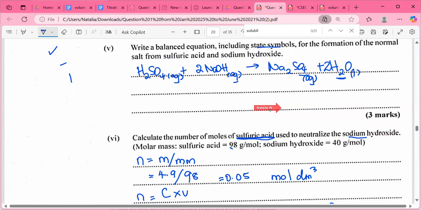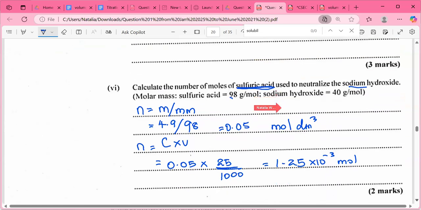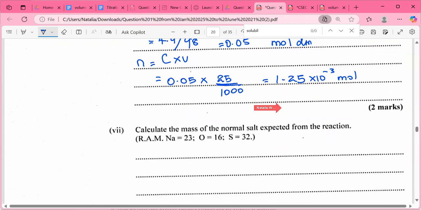I know the number of moles of sulfuric acid, and I want to know the number of moles of the normal salt that would form. So I'm going to start with my mole ratio between the known and the unknown. They are in a 1-to-1 mole ratio.